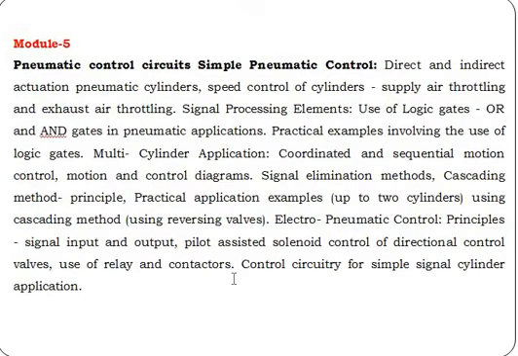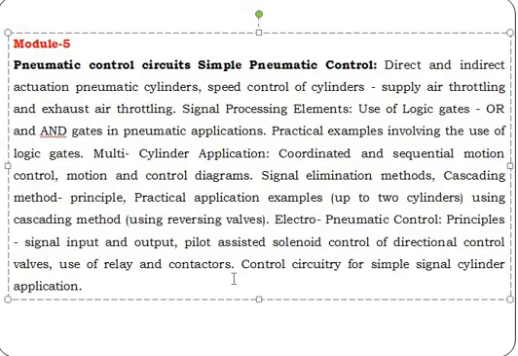Similarly, in module 5, you study pneumatic control circuit systems. Here, direct and indirect actuation of the pneumatic cylinders, speed control of the cylinders, and signal processing elements using logic gates, either OR gate or AND gate.